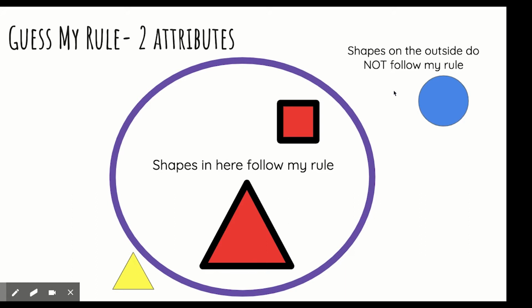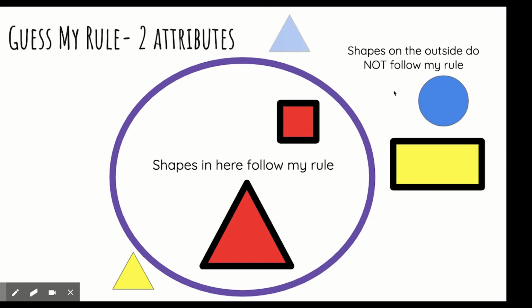What do you notice about the shapes on the inside of the circle? What do you notice about the shapes on the outside of the circle? Do you see 2 attributes that fit all of the shapes inside the circle? Did you guess my rule yet?